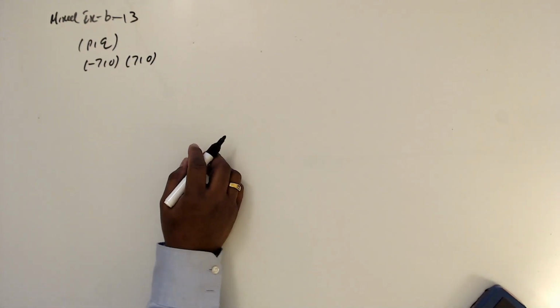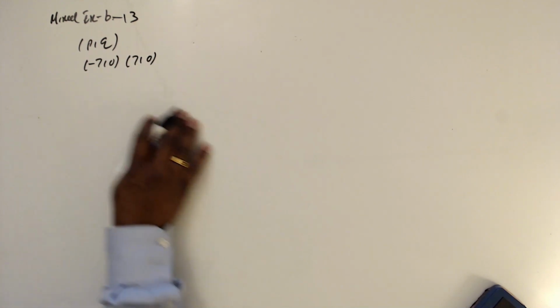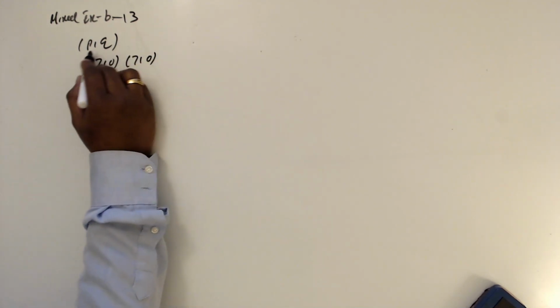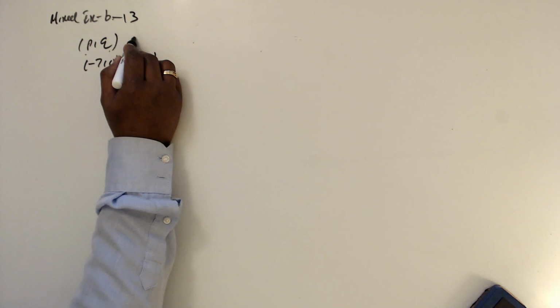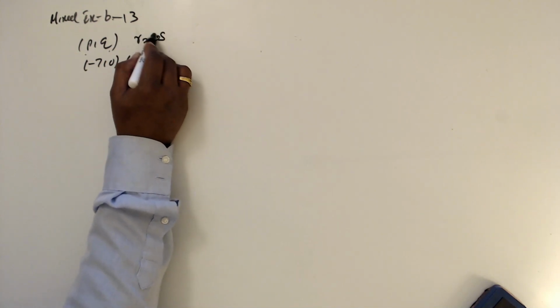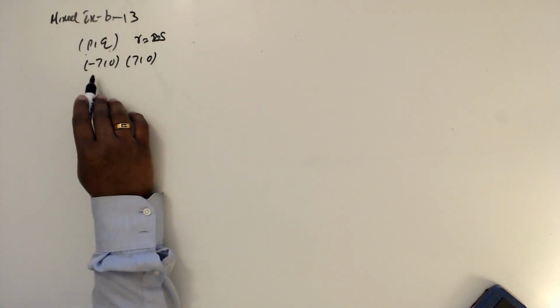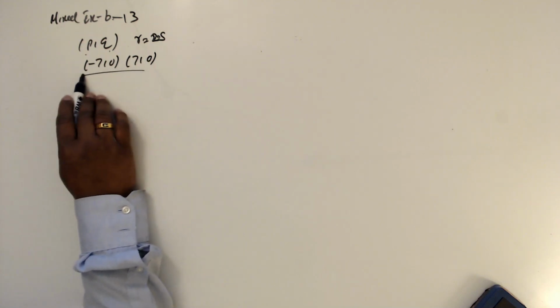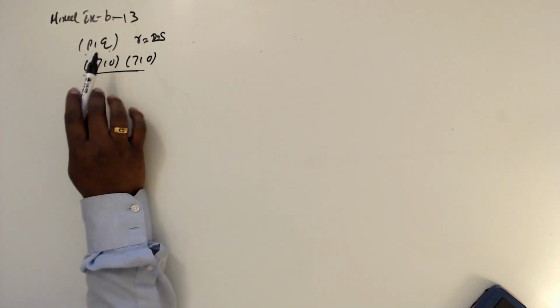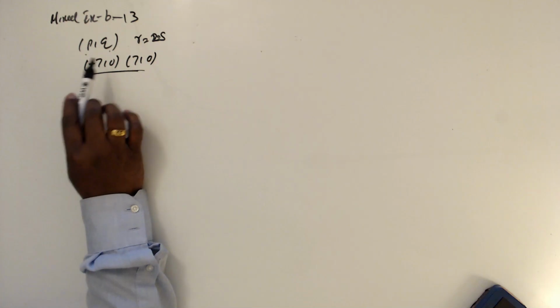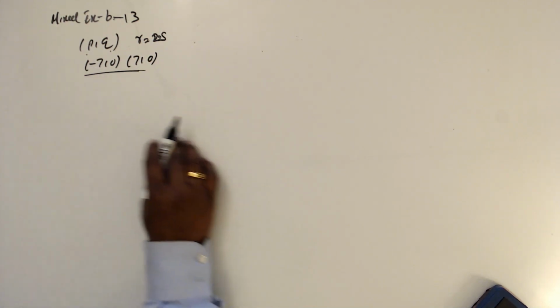Question number 13. Center is given as (P, Q) and radius R is 25. There are 2 points on this circle. We want to find the center (P, Q).